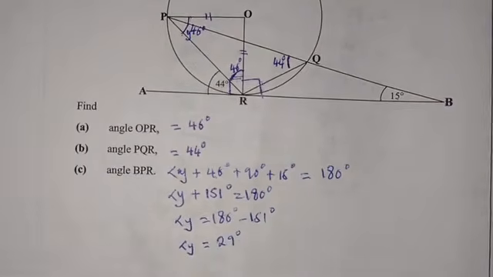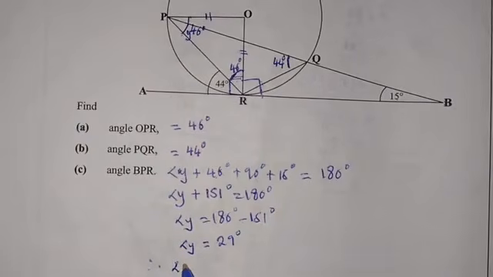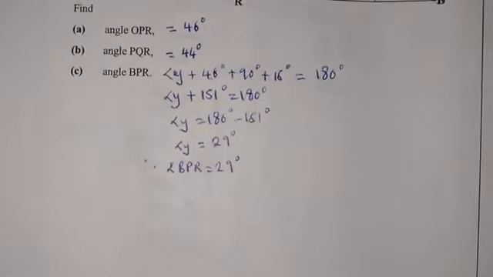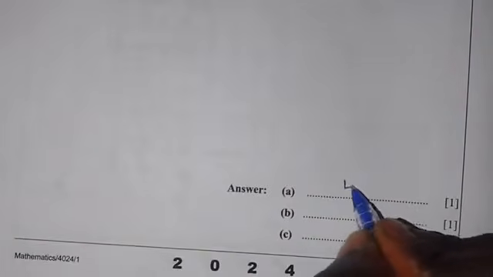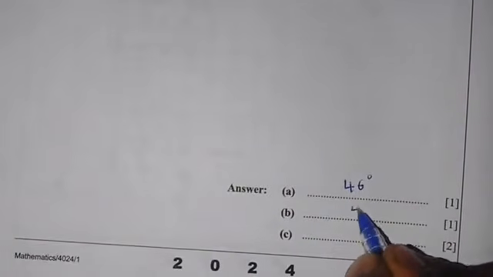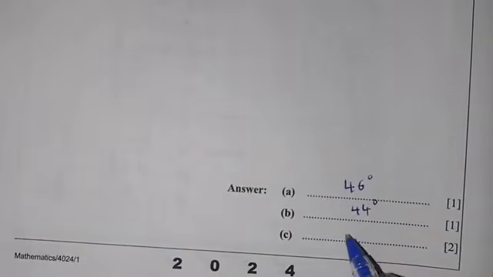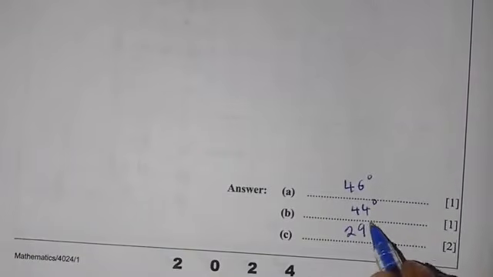Therefore angle BPR is equal to 29 degrees. So these are the answers that we can put. The first one we found 46, the second one 44 degrees, the last one we have found 29 degrees.